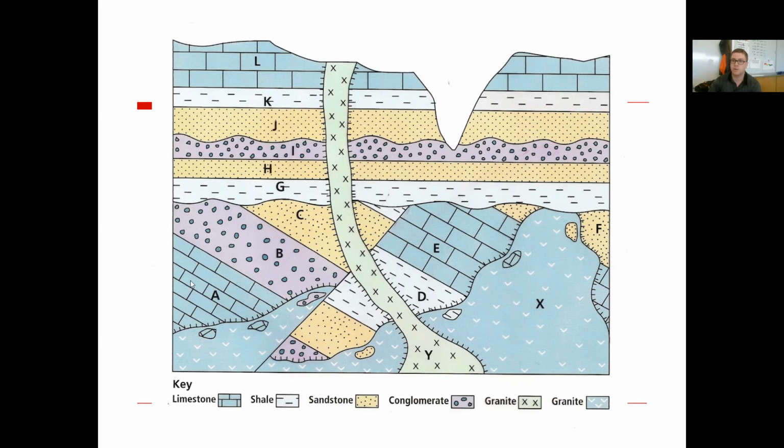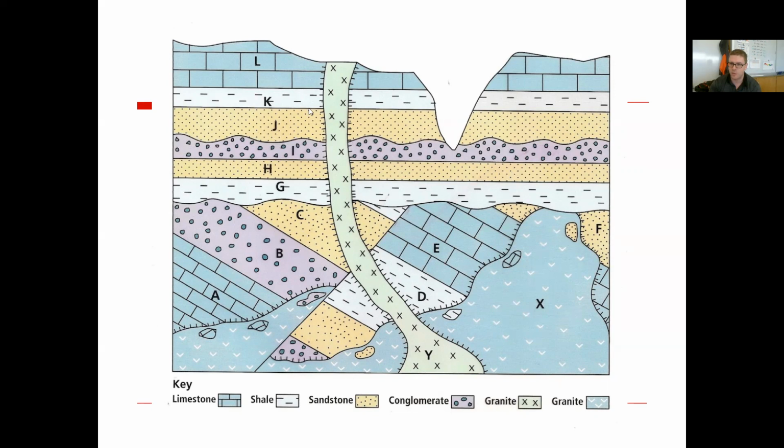Now, if you look at this picture, we have a ton of these things going on. We have our angular unconformity right here. We have these layers that are tilted, A, B, C, D, E, and F. They've been tilted. We have a disconformity because if you look at letter I, it's not completely flat with letter J. We have intrusions, these cross-cutting.